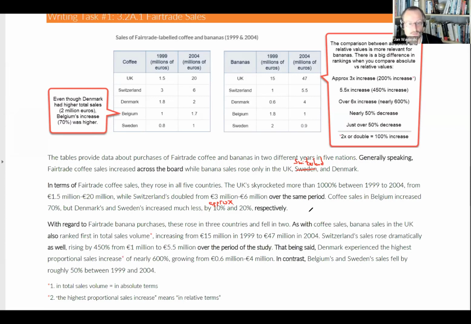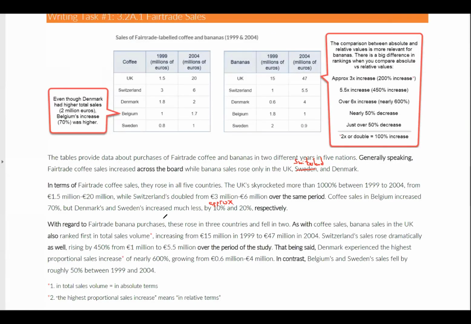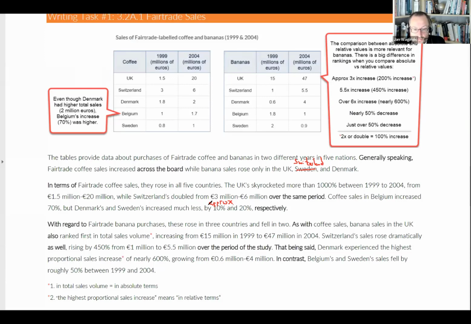Because we said 11%, right? What did we say for Denmark? Denmark, we said 11%. And then Sweden, we said 25%. That's fine. He lumped them in together, 10% and 20% respectively.